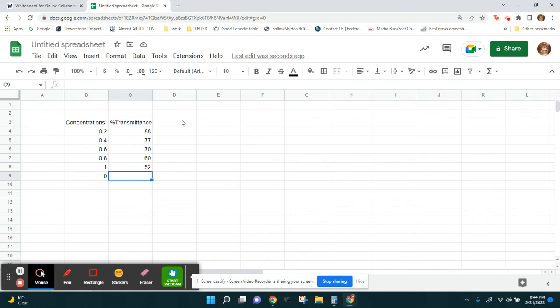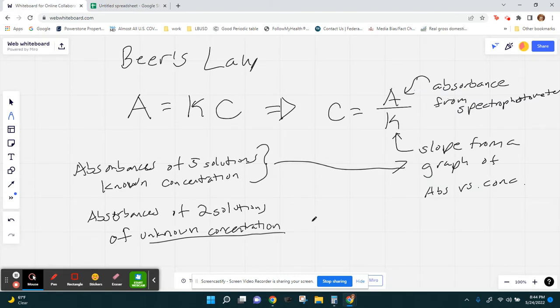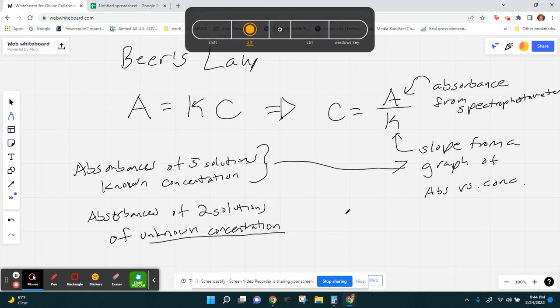Okay. Now, in order to turn percent transmittance into absorbance, we need to use the following equation. All right, so the following equation relates percent transmittance to absorbance.